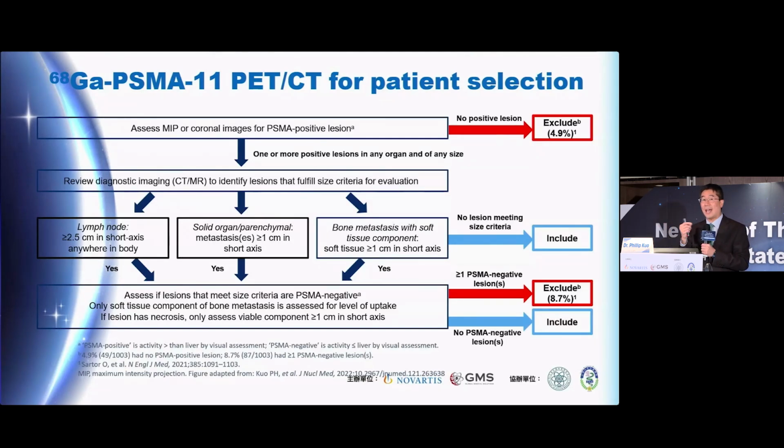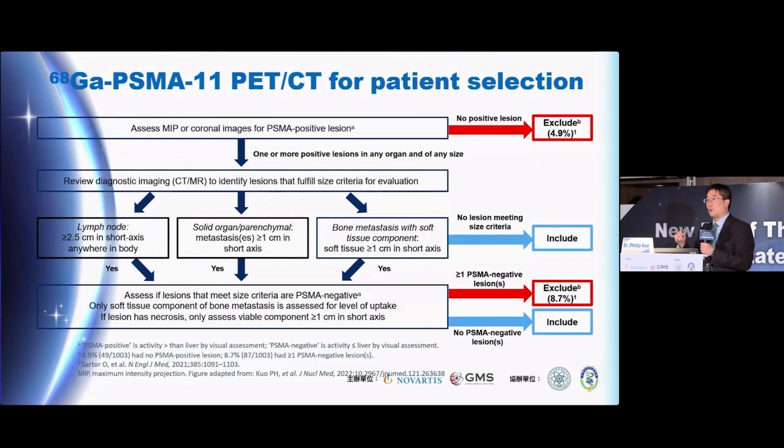But since we don't have an FDG PET scan to look for FDG uptake to identify our aggressive lesions, how are we going to do that? By CT. Well, in general, in any cross-section in time, the bigger the lesion, the more likely it is to be aggressive. So one of the more interesting things that I have to explain is why we only care about lymph nodes that are 2.5 centimeters in short axis or more.